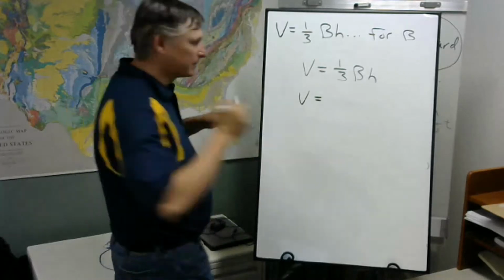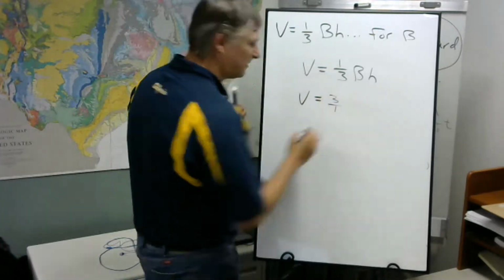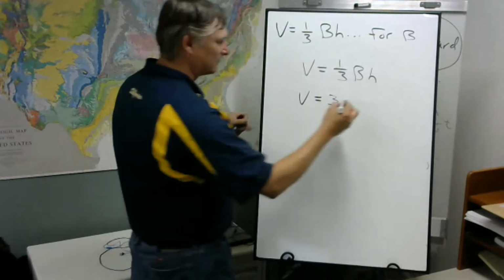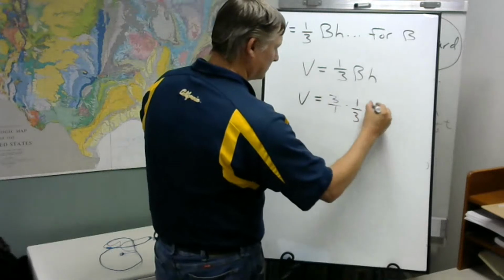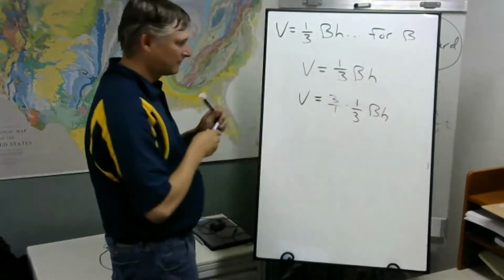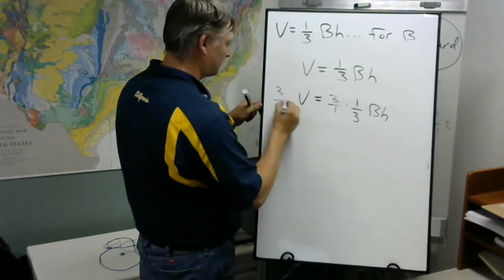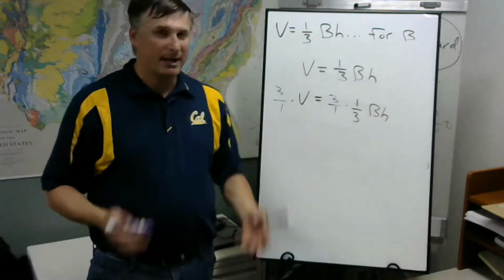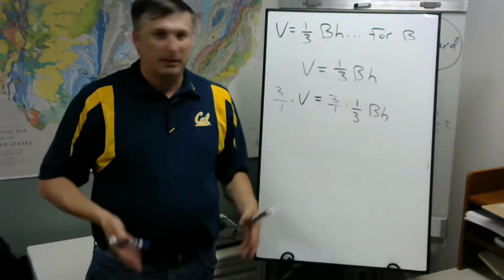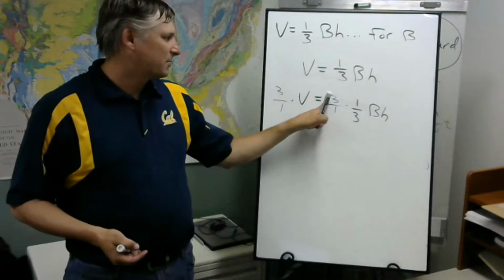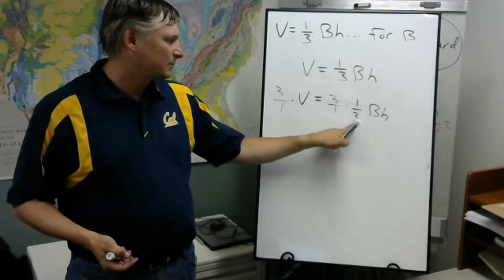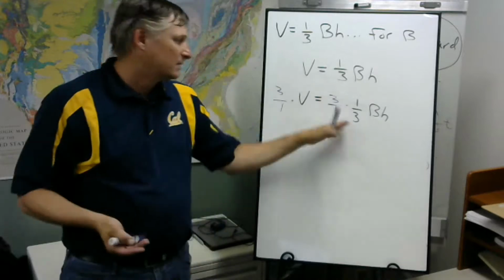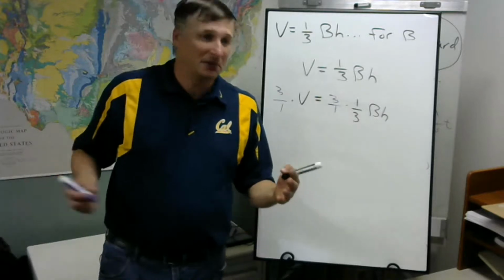So the reciprocal of a number is the flip of that number. And when you multiply a number by its reciprocal, it cancels. This is actually going to be 3 times 1 is 3. 1 times 3 is 3. We're going to get 3 over 3. And 3 over 3 is 1. And well, multiplying by 1 doesn't change anything.